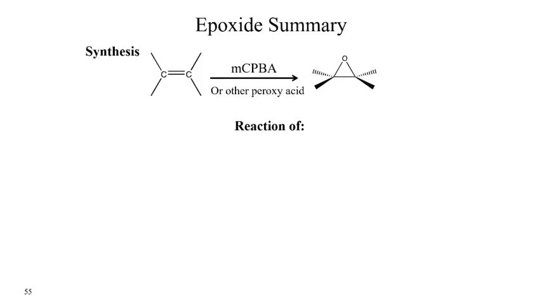So I do have a slide that summarizes our epoxides. For our synthesis of epoxides, MCPBA or other peroxy acids, how do you know it's a peroxy acid? You're looking for the O3H. That O3H is a big tip-off that you're looking at a peroxy acid. So really any peroxy acid will go through and make your epoxides.